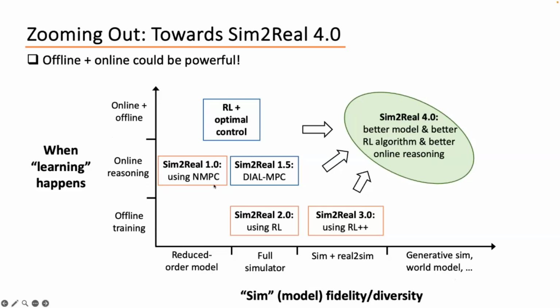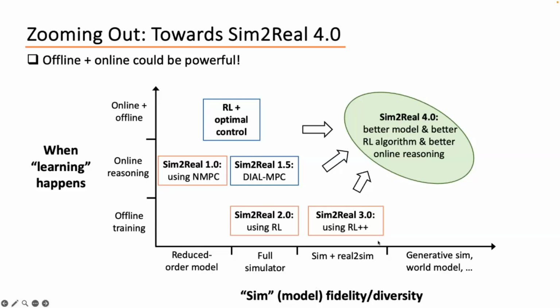In Sim2Real 1.0, classic MPC, people use reduced order models for pure online reasoning. In Sim2Real 1.5, people upgrade from reduced order models to full simulators, but still only online reasoning. In Sim2Real 2.0, we do only offline learning using a full simulator.